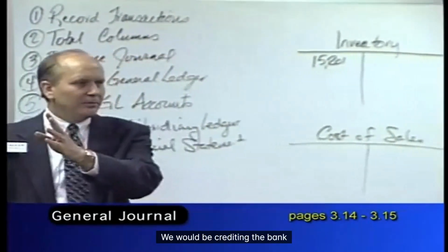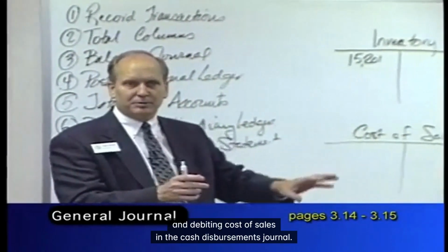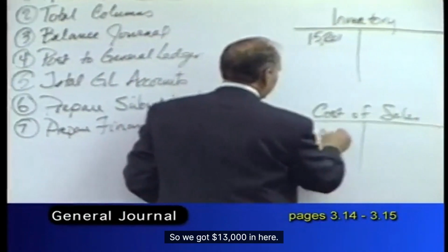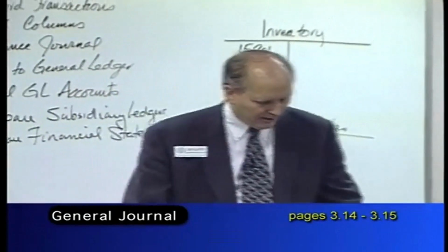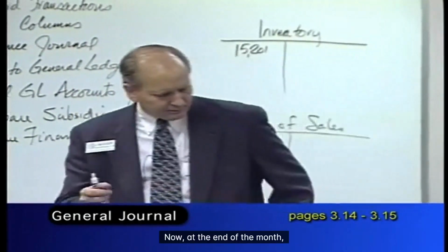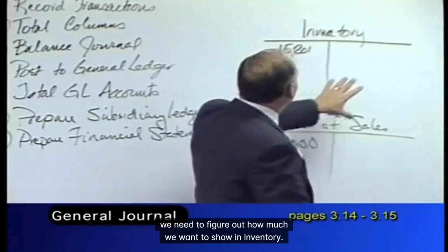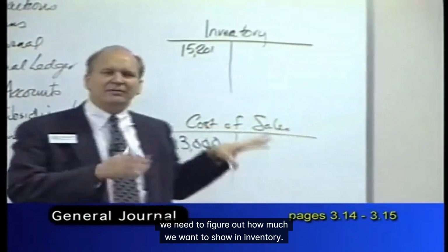We would be crediting the bank and debiting cost of sales in the cash disbursements journal, right? So we've got $13,000 in here, okay? Now, at the end of the month, we need to figure out how much we want to show in inventory.